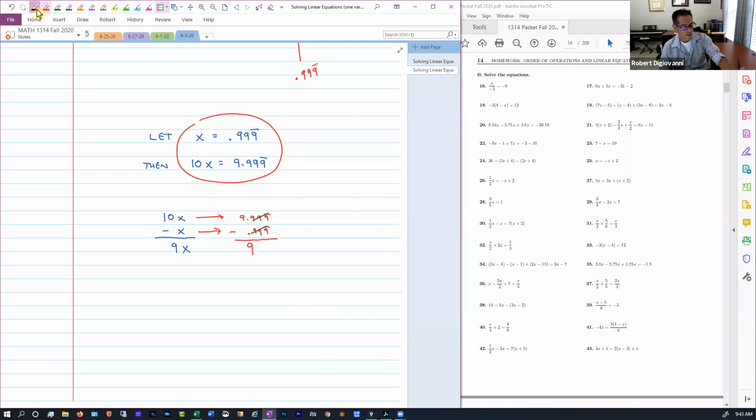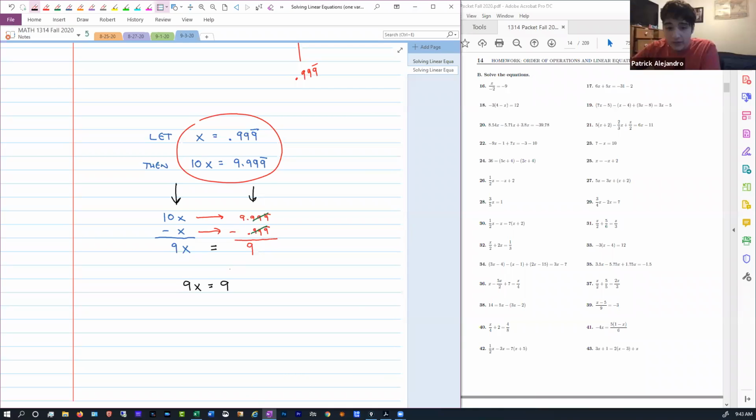So what we're saying is that these two things we just did have to be equal. 10x take away x should be 9x, but 9.9999 forever minus 0.9999 forever should be 9. And if 9x must equal 9, then what does x have to be? 9 times what is 9? 1.